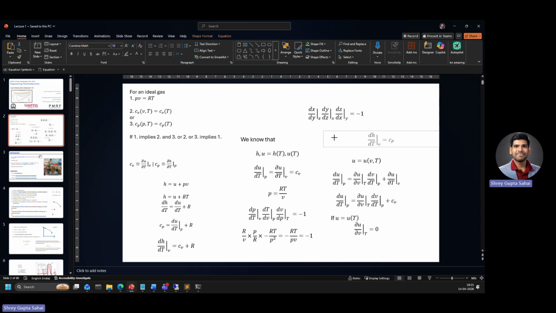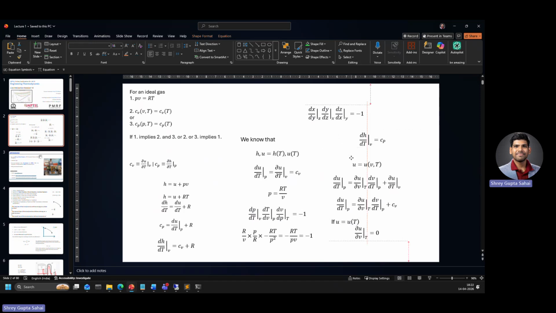You can show it for dH by dT. Okay. So now, essentially, what does CV and CP mean for an ideal gas?